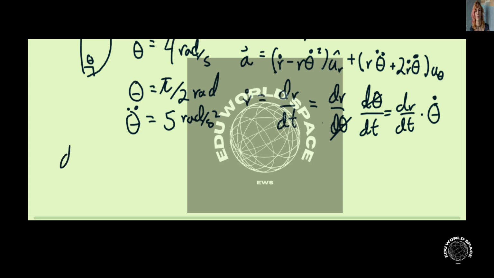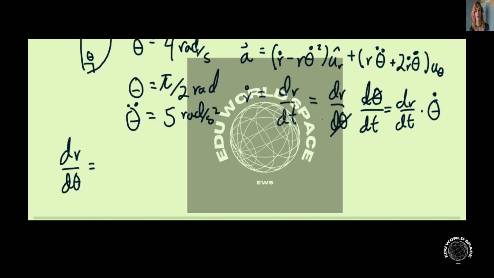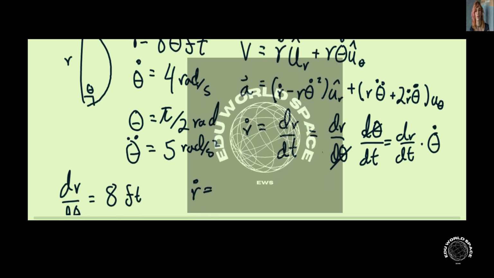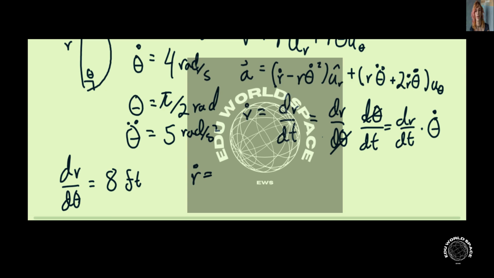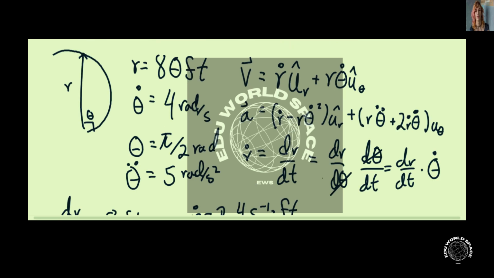So dr d theta then is just the derivative of 8 theta with respect to theta, which is just 8 feet per radian, which is dimensionless, so we don't really care about it. So then r dot is 8 feet times 4 inverse seconds, which is 24 feet per second.